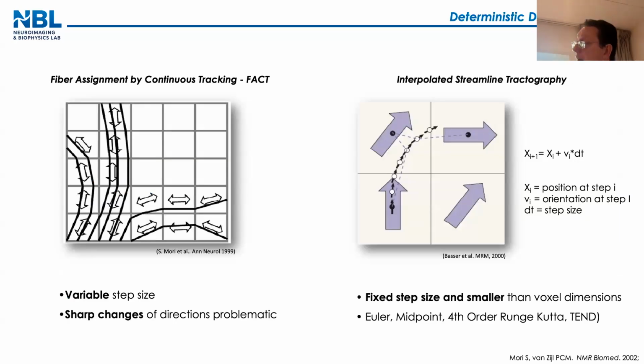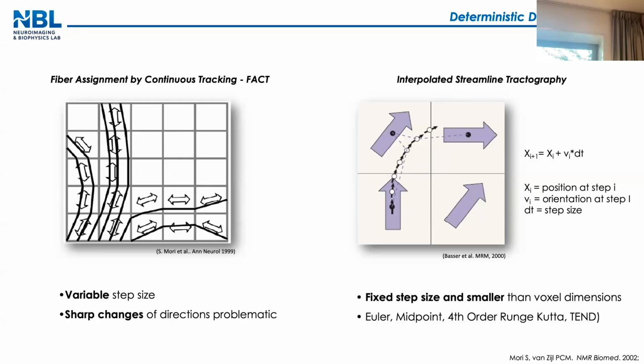Now, I don't want you to remember these different methods, but this is just to give you an idea that even with DTI, the simplest algorithm, there is not a single DTI tractography algorithm. There are many. The first one, the one from Susumu Mori, was a very robotic one. It was basically going straight inside the voxel, changing the direction when you change the voxel, and very robotically it was moving around.